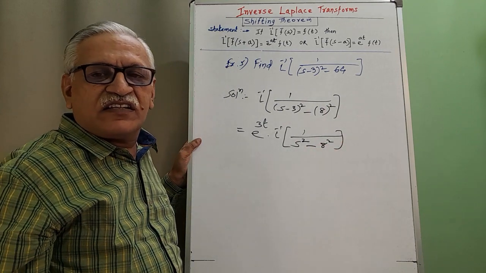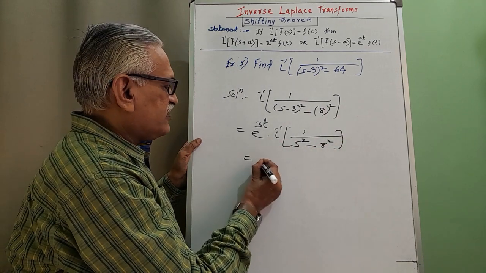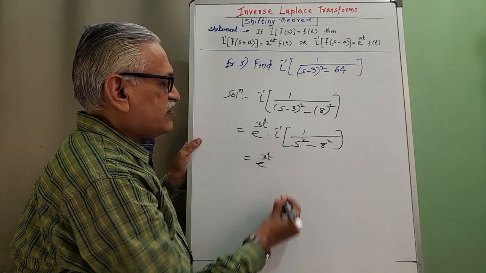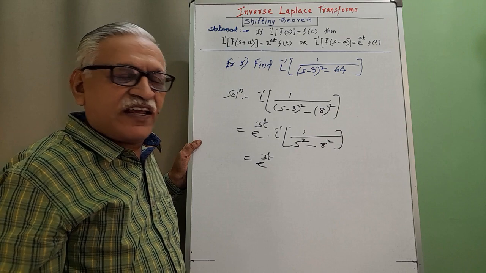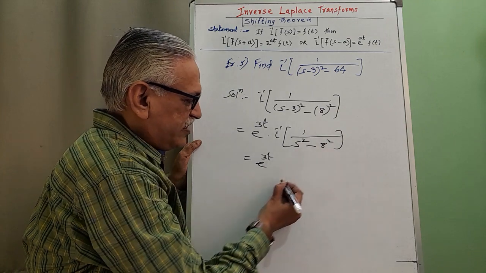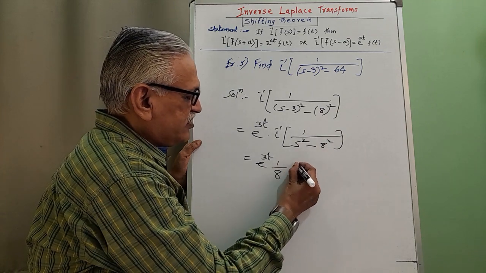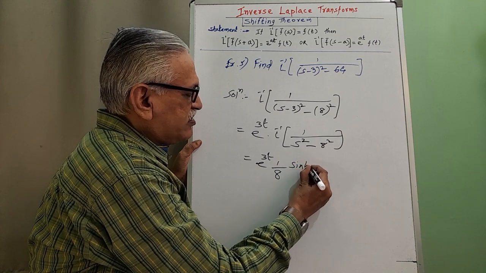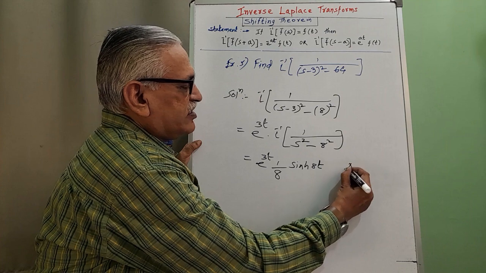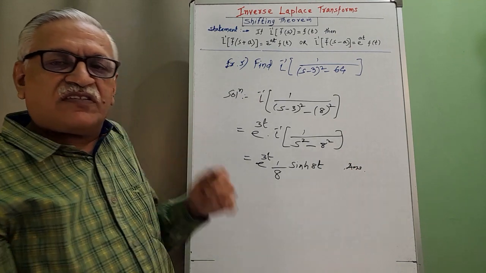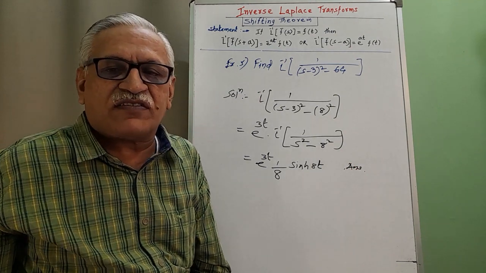And using the standard result of inverse Laplace, it is e raised to 3t. 1 upon s square minus a square, its inverse is 1 by a sinh at. a is here 8, means 1 by 8 sinh hyperbolic of 8t is the required answer or required value of that inverse Laplace transform.